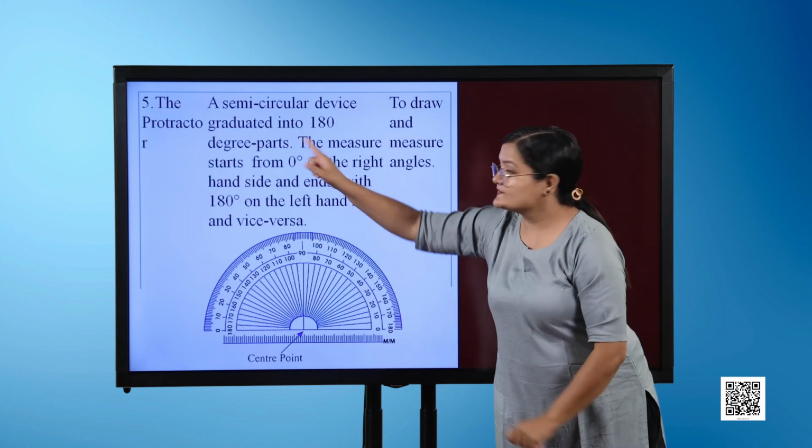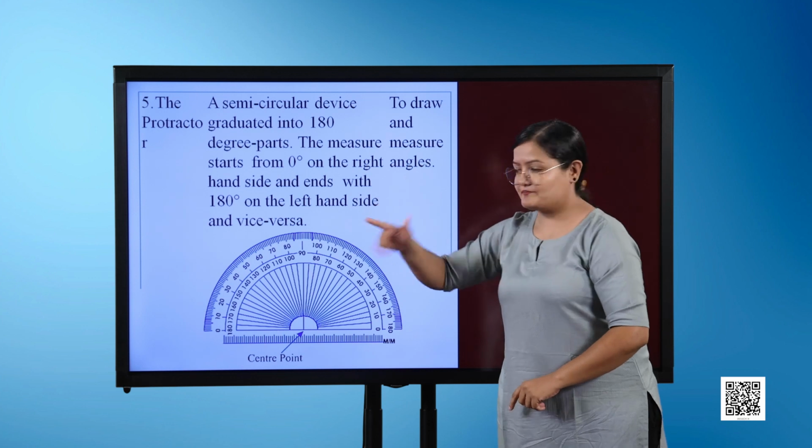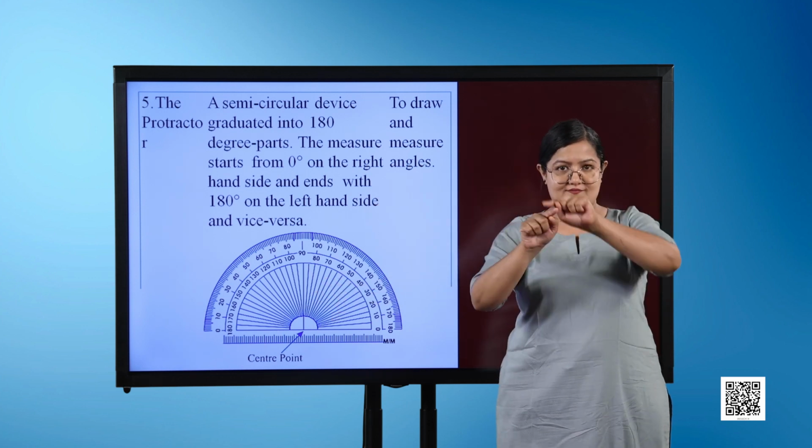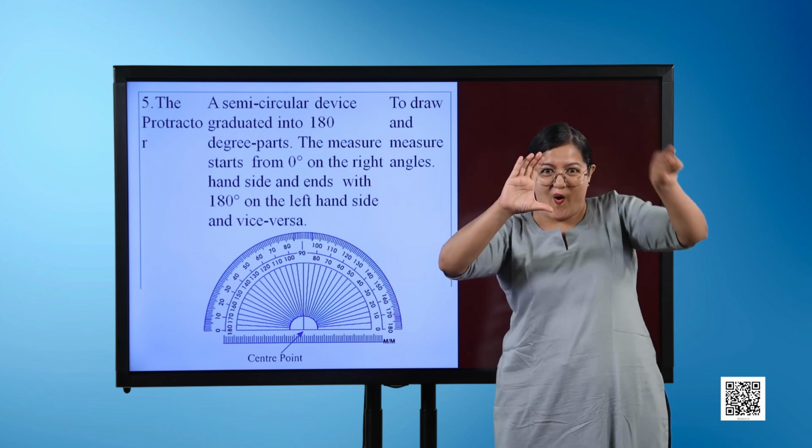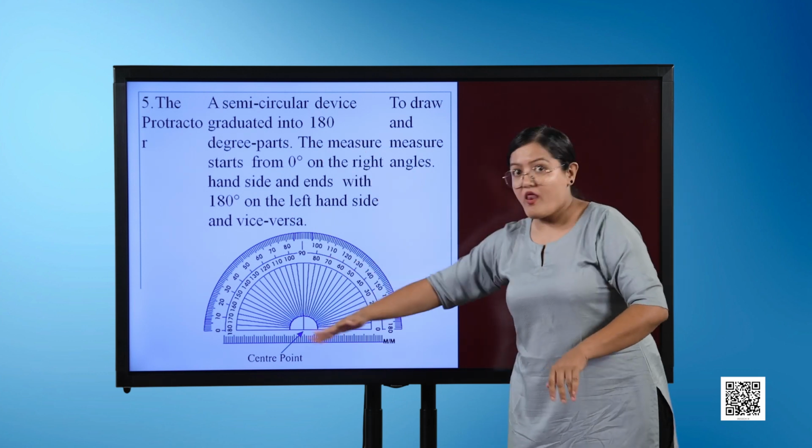5. The protractor. A semicircular device graduated into 180 degree parts.